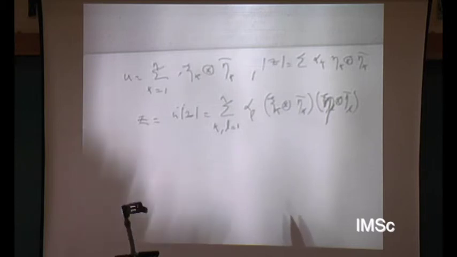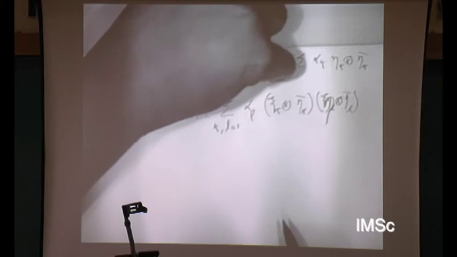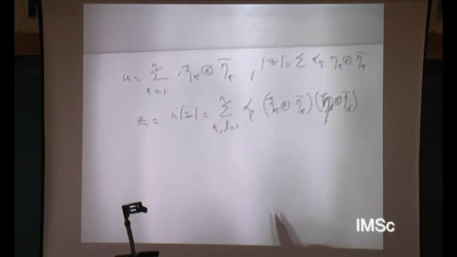And what is this product? You must take the inner product of the middle ones. So there will be non-zero only for k equal to l. Right?